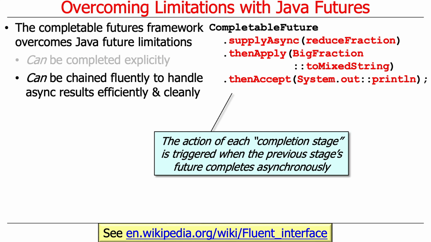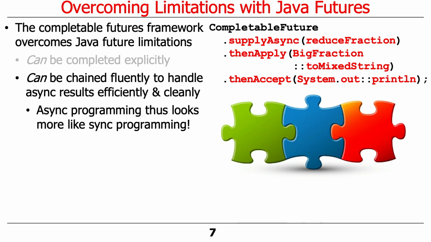We can then, after that finishes, convert that improper fraction to a mixed string or a mixed fraction, and then we can accept the results of that and print it out. So this code actually runs asynchronously, but it looks synchronous in the way that it's programmed. So it makes things cleaner and very efficient. So therefore, asynchronous programming looks like synchronous programming, but it's actually running asynchronously. That's kind of a cool feature.